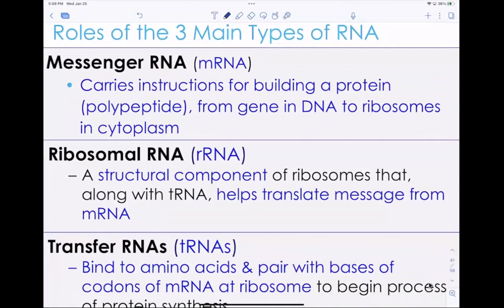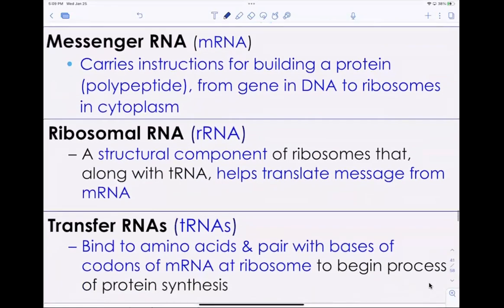Messenger RNA has the instructions for which amino acids need to go next to one another to form the primary structure of that particular protein. Ribosomal RNAs are the structures that form around the messenger RNA to read the codons and then tell the transfer RNAs to go find that specific amino acid and bring it to the ribosomal complex to add to the protein strand.